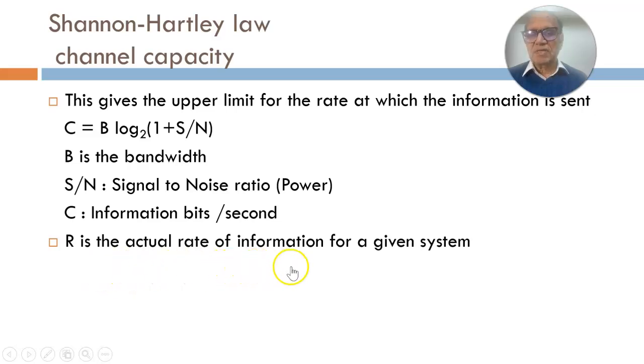R is the actual rate of information for a given system, and it is always going to be less than the channel capacity. Alright, so in this introduction, what we have seen is a number of parameters by which communication systems can be compared with each other, and the resources by which these parameters can be controlled. So there are controlled parameters and controlling parameters.